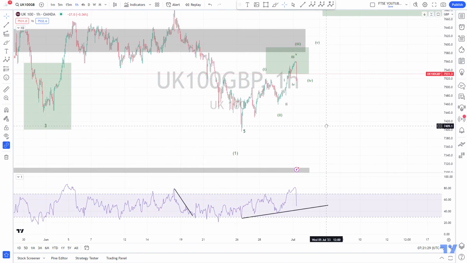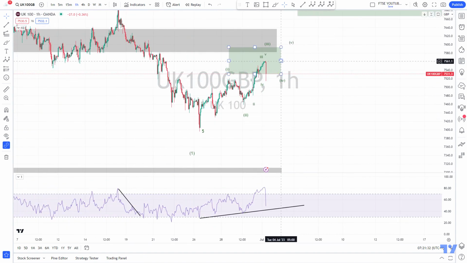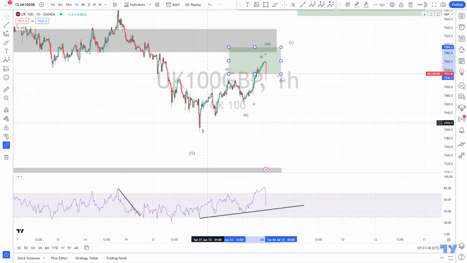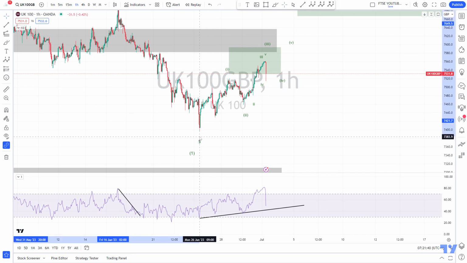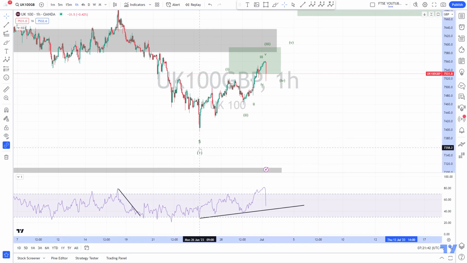On Friday, I still had this area on my charts. This area was based on this: we made a low here, and I said now we have to look for ABCs, and we short the C wave of the ABC because we are bearish.